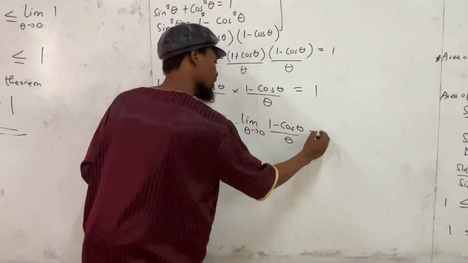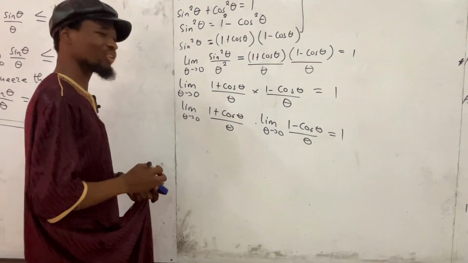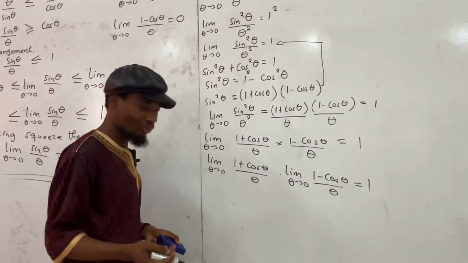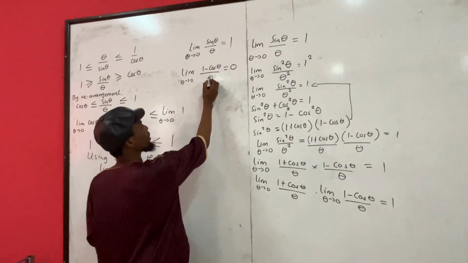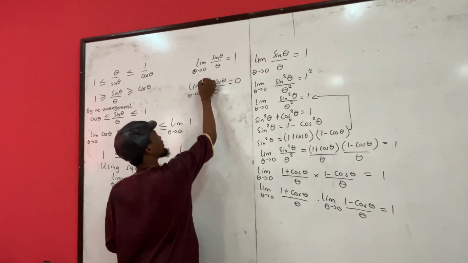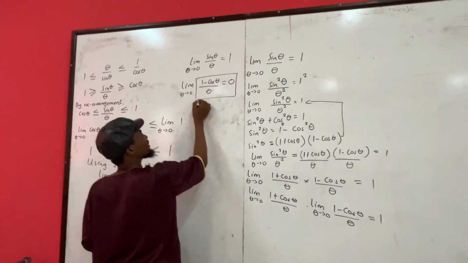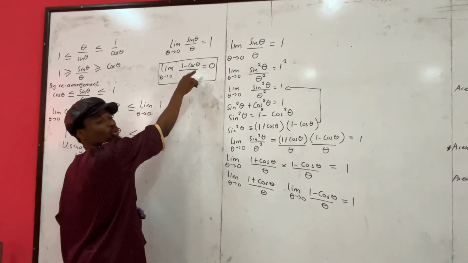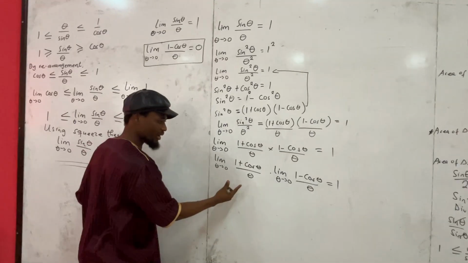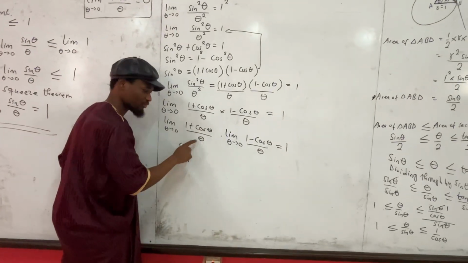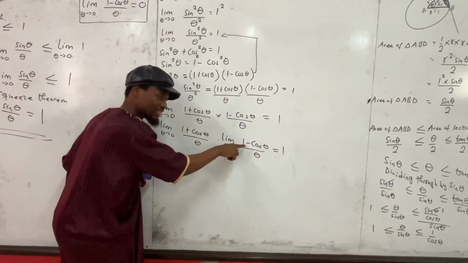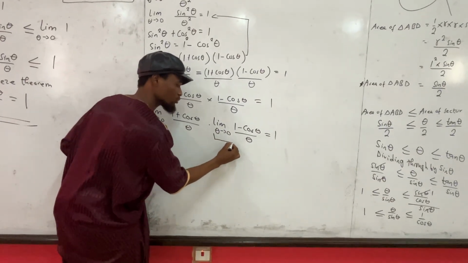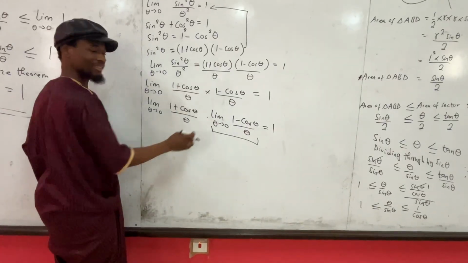Viewers, you ask yourself, what are we looking for? We are looking for this: 1 minus cos theta over theta. Are we interested in the other one? Not at all. We are interested in the negative one. So we are going to throw more light on this.